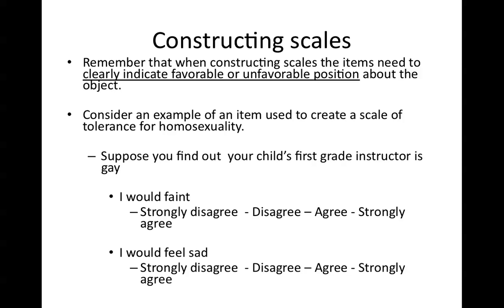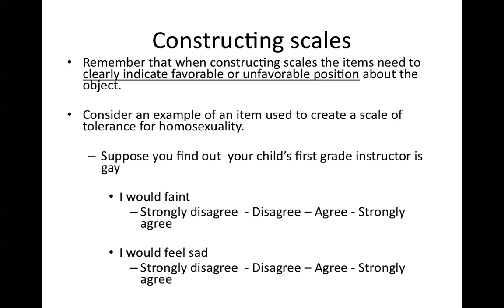So you want to really make sure that your questions and your answers are clearly indicating a favorable or unfavorable position. In other words, you do not have any sort of ambiguity in the response. So for example, consider an example where you have created a scale of tolerance for homosexuality.